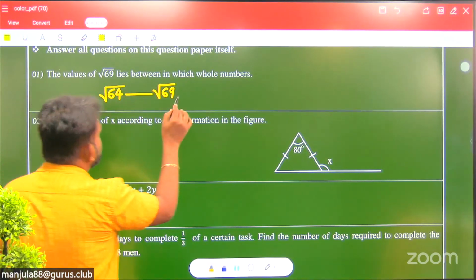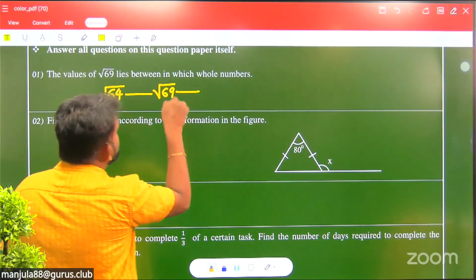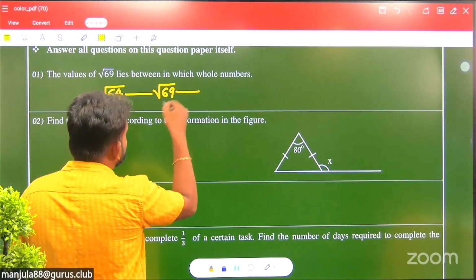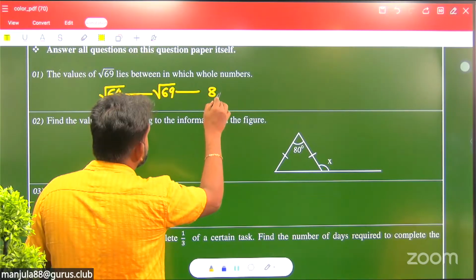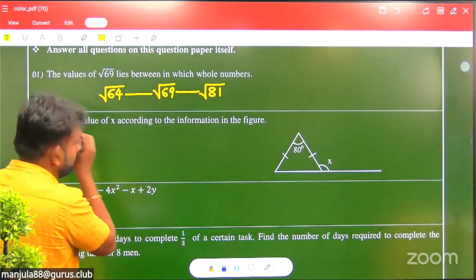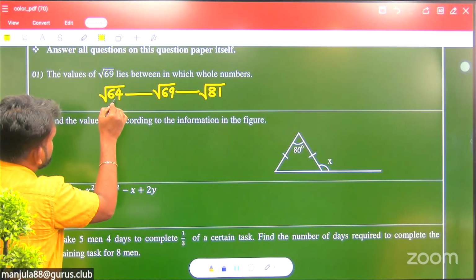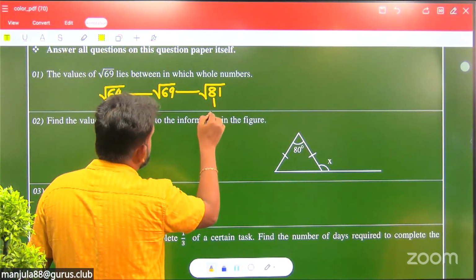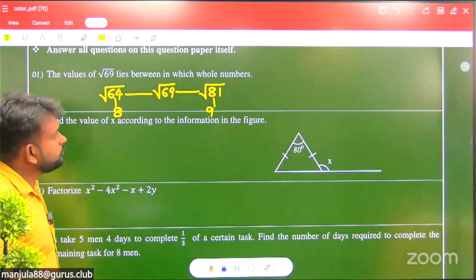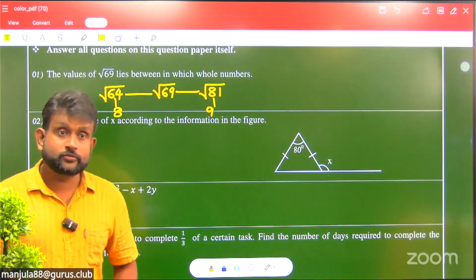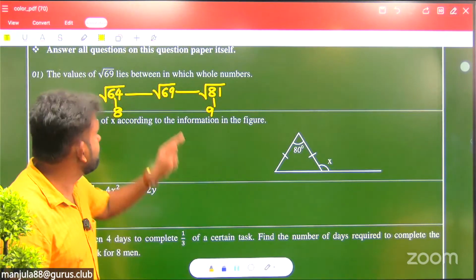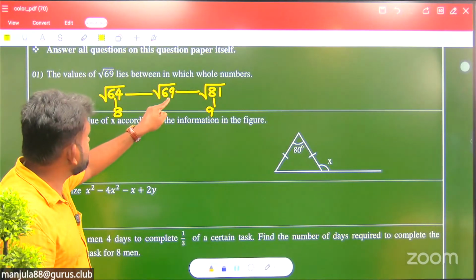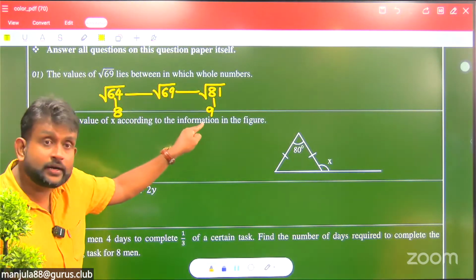The square root of 64 is 8 and the square root of 81 is 9. So square root 69 lies between 8 and 9.